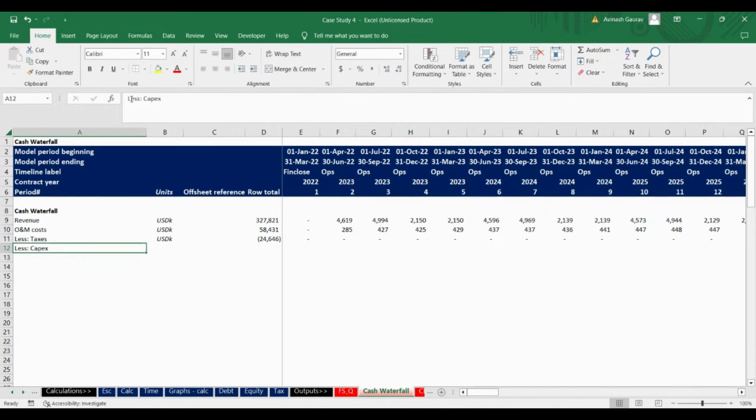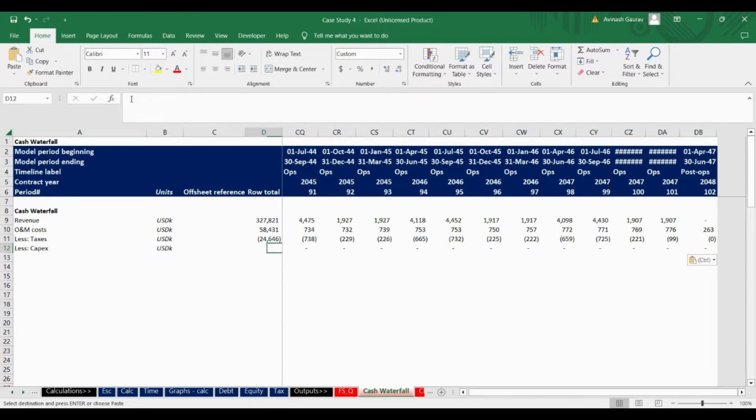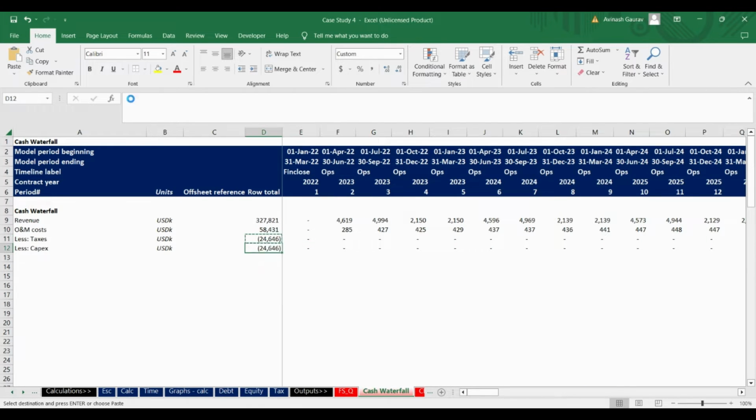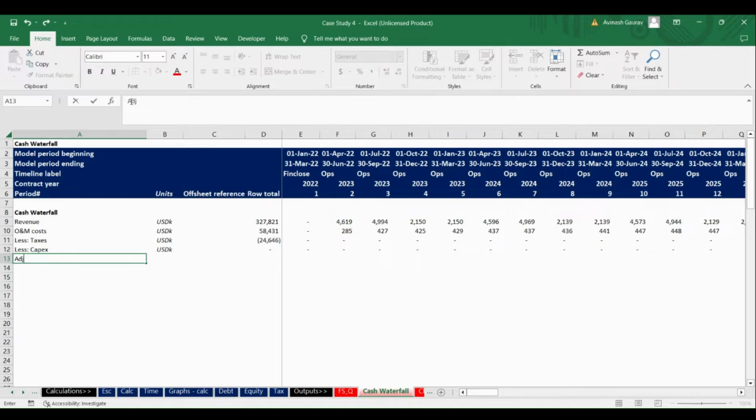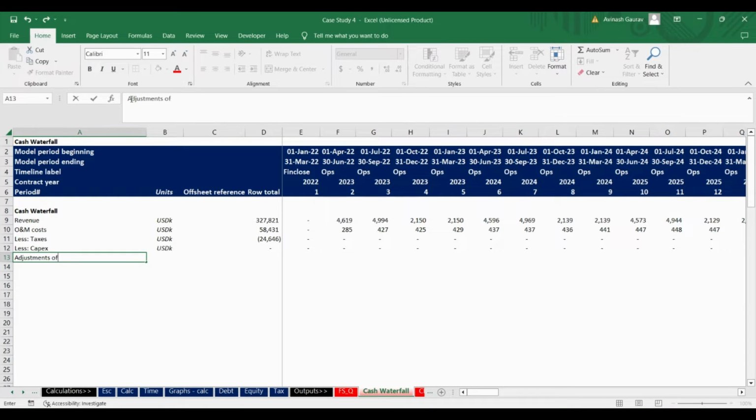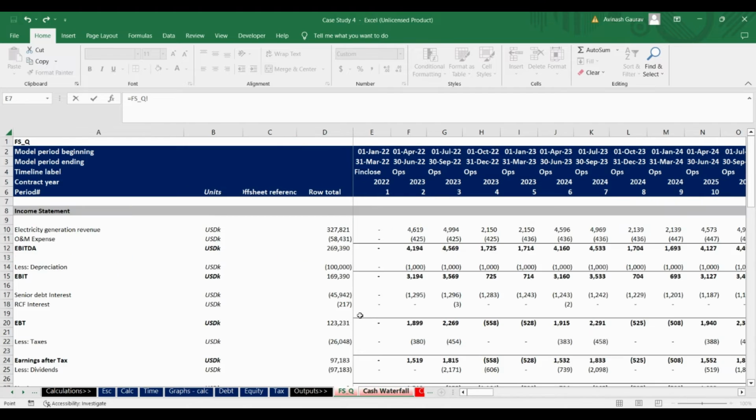So currently in our model we don't have any capex, so I can simply say this as 0. Correct. But if you have capex, then you need to consider capex here. Now, the next thing will be adjustments or change in working capital. Now, we can say this as equals to, we have already calculated the working capital.